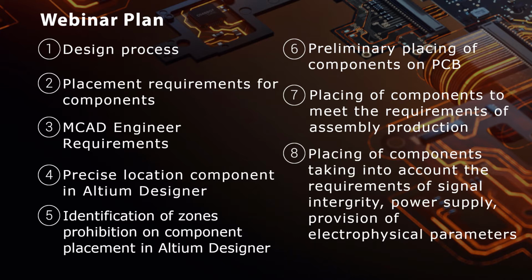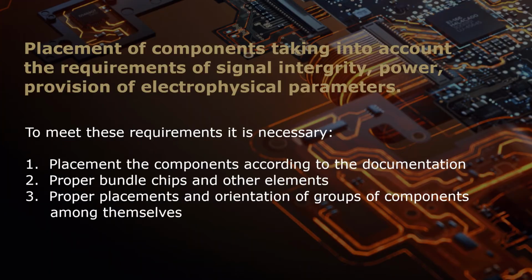Now there are some other parameters to take into consideration as well. How about some of these electrophysical parameters? For example, if you have bypass caps that you're adding to an IC, you want one connection to be as close as possible to the pad. And the other pad of a bypass cap is typically connected to ground, typically by pouring a polygon.